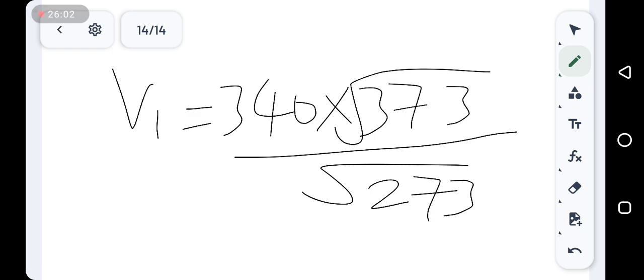I don't have a calculator with me. If you simplify this, whatever it gives you is the answer. So this is how to solve a question that involves temperature variation.